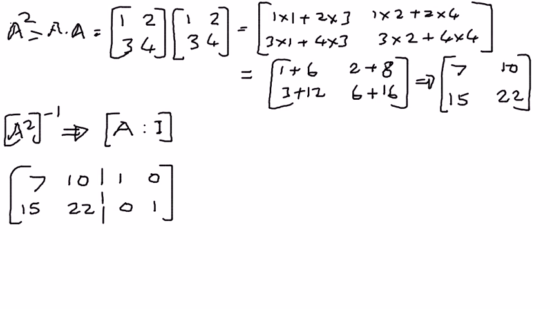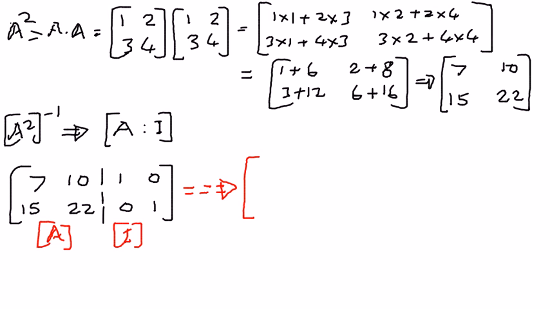And therefore, when we've transformed this matrix, I'm going to write the procedure here just in dotted line, and then we'll come back and do all the steps. This procedure is called the Gauss-Jordan elimination method. On the left hand side, this is matrix A, and this is the identity matrix I. When we perform the row operations using the Gauss-Jordan method, this matrix is going to be transformed as follows.